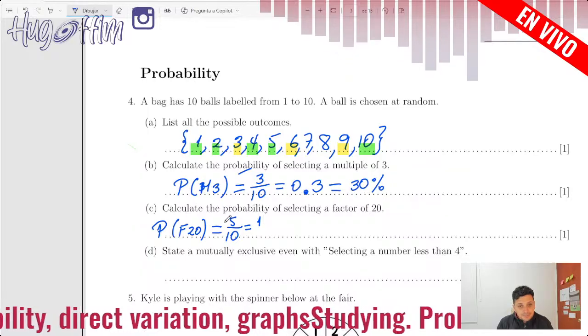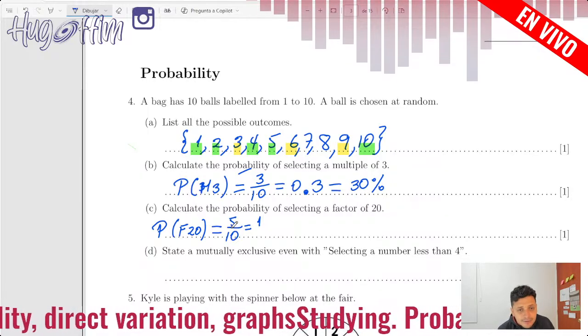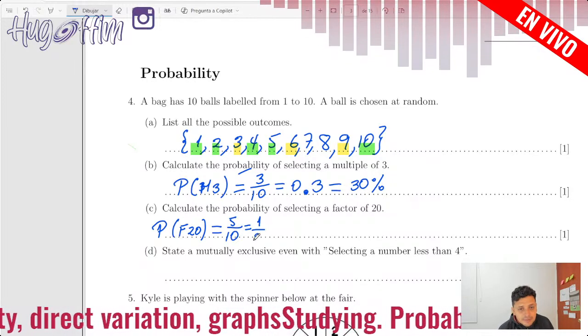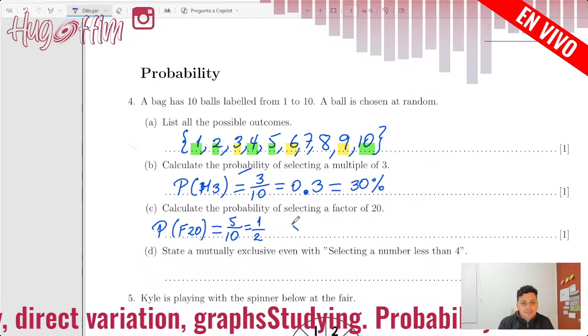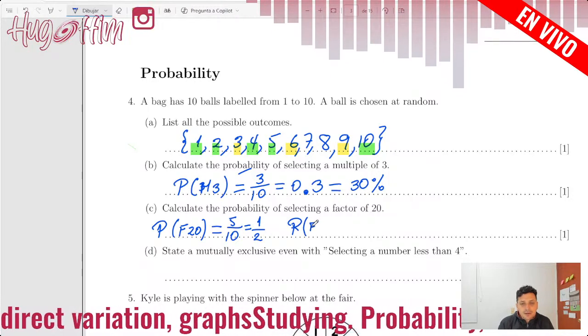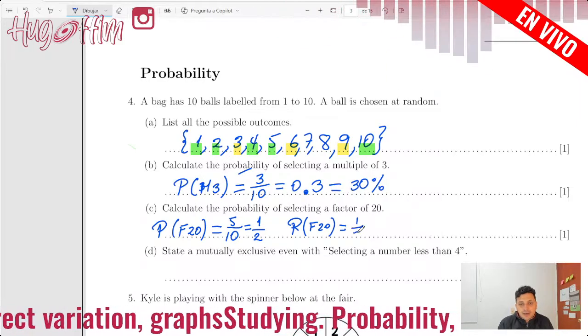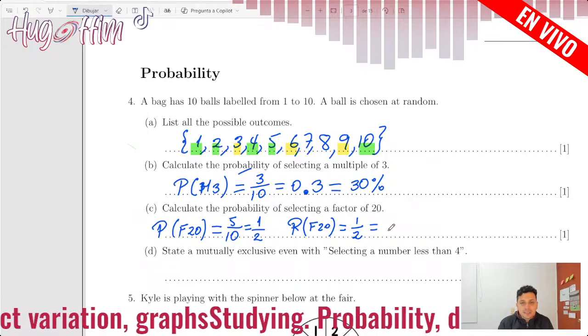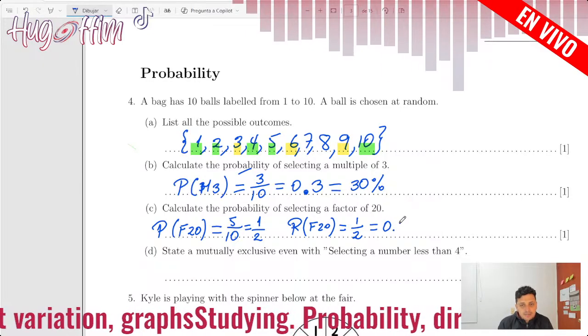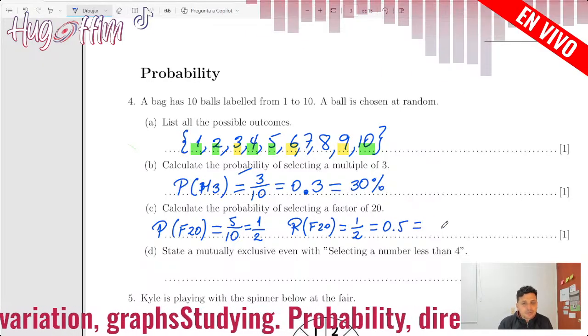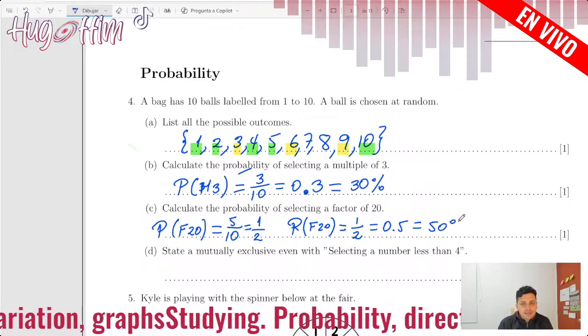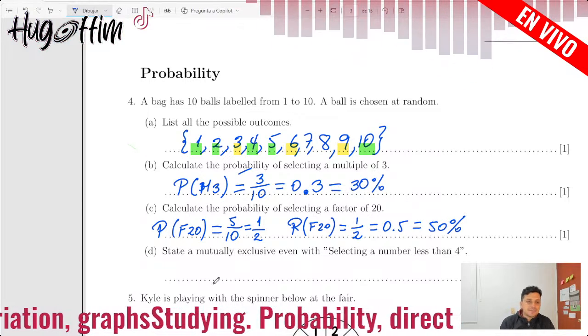In this case, 5 divided by 5 is 1, 10 divided by 5 is 2. So it's going to be 1/2. Now 1/2, if I convert it to decimal, is 0.5, or as a percent is 50%.